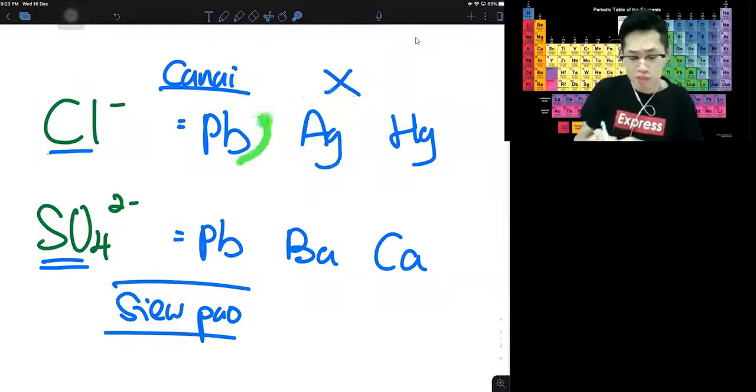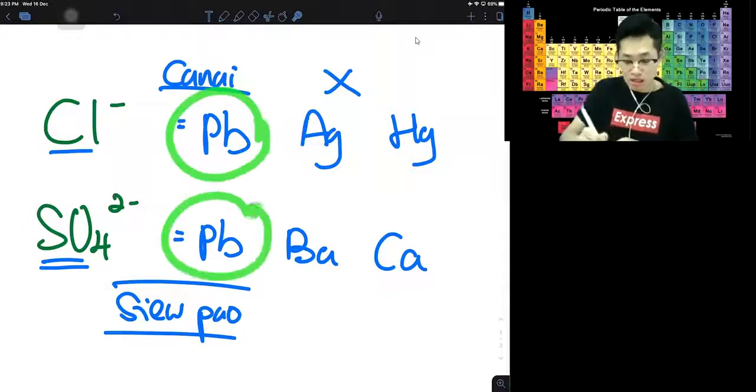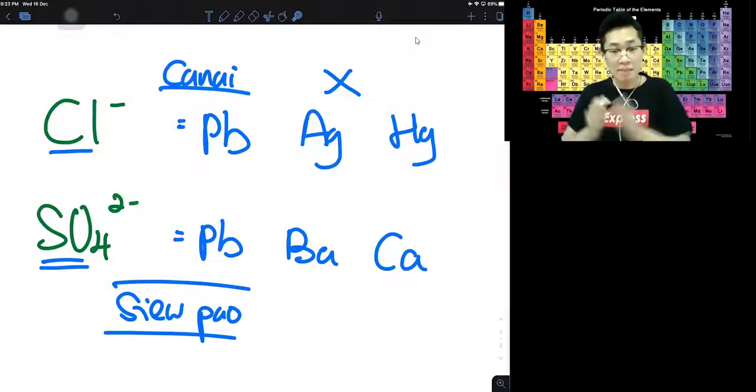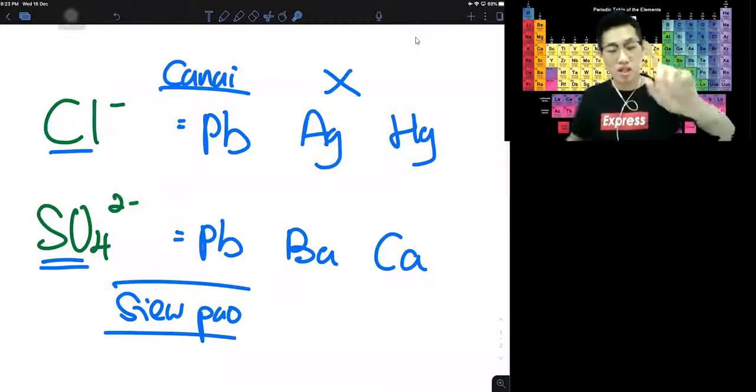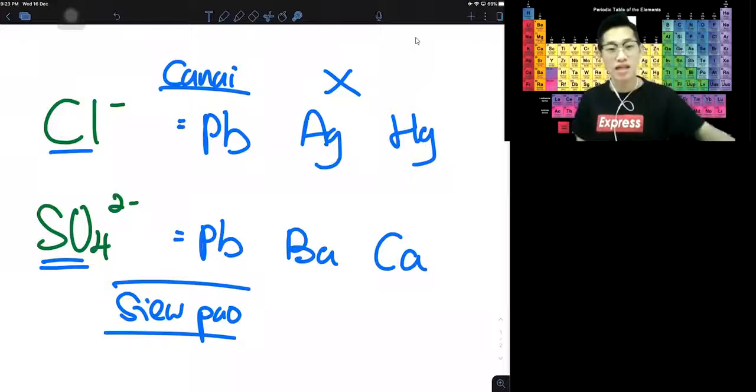Why don't I want to use Pb? Because if I use Pb, you see, Cl and SO4 will both show changes. That means your result is not accurate. It is like I want to test whether you are a girl or boy, male or female. Then I say, okay, got two eyes. Wait, guys and girls also got two eyes.